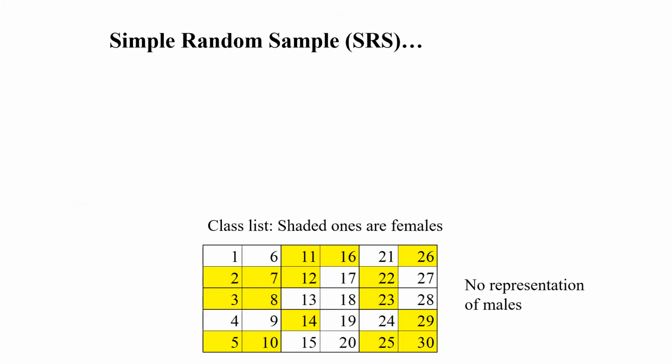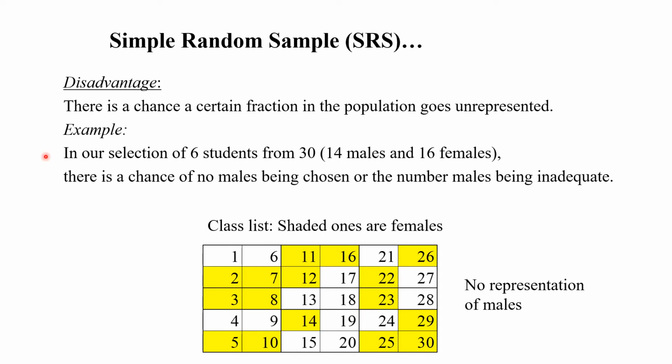Simple random sampling has its own disadvantages. There's a chance a certain fraction of the population goes unrepresented. For example, let's say a class of 30, 14 males and 16 females.